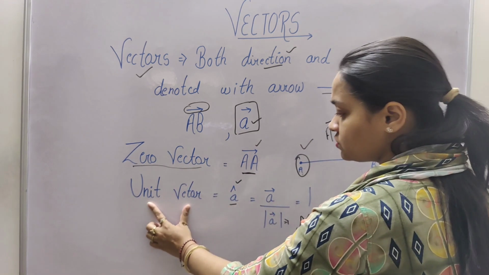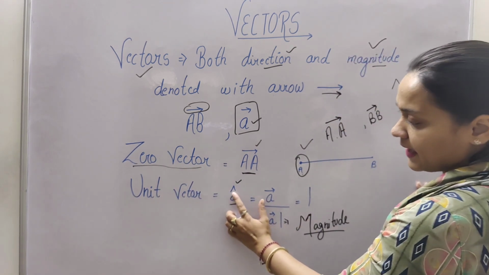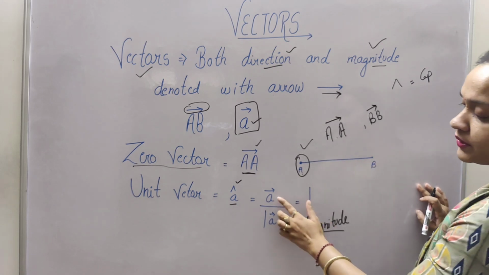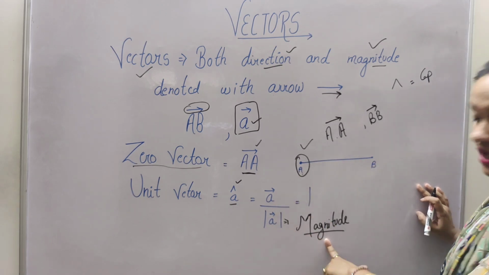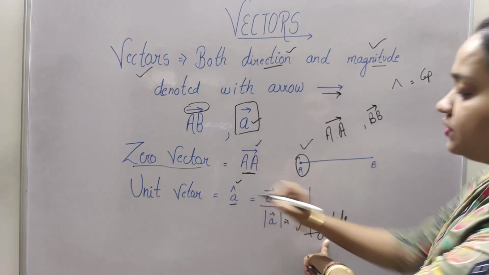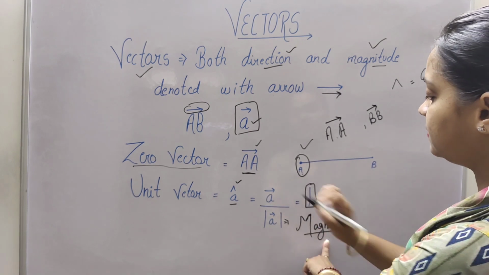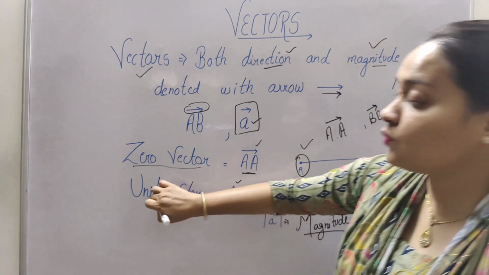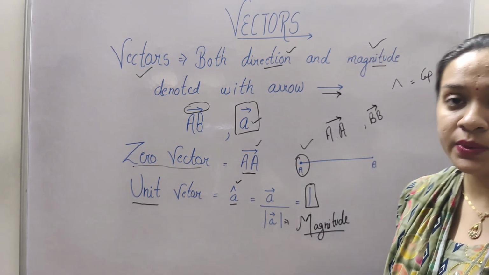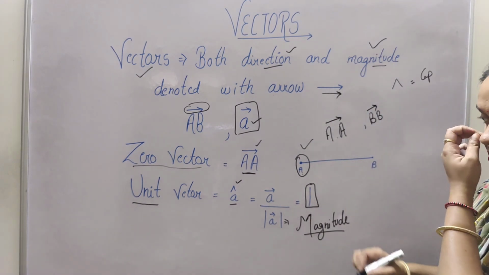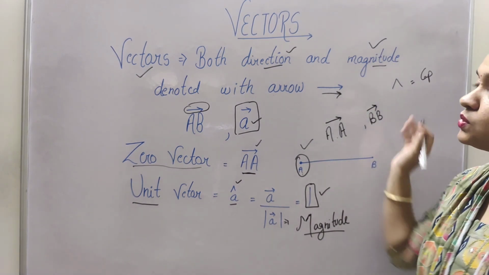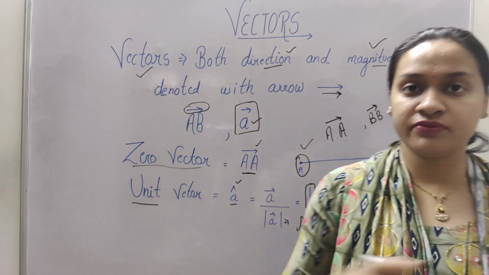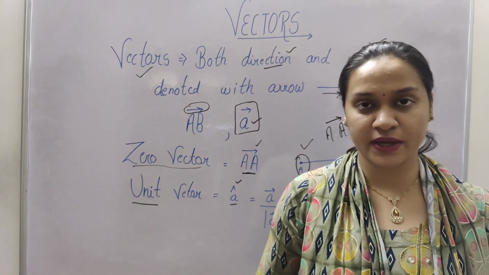Unit vectors are those vectors which are denoted by a cap and are equal to a vector upon its magnitude, and a unit vector always has magnitude 1. Its name also defines it: unit always says 1, so the answer is always 1. So this is a little bit of a briefing of this chapter which is known as vectors.